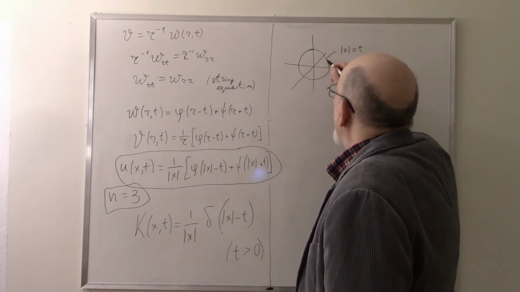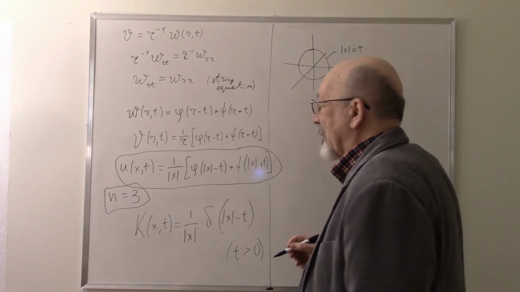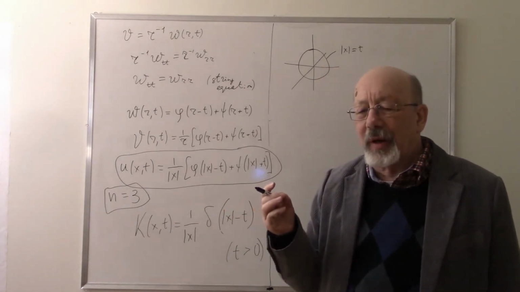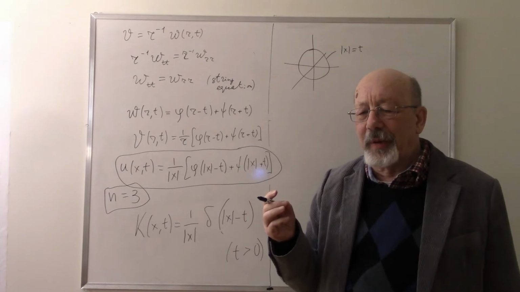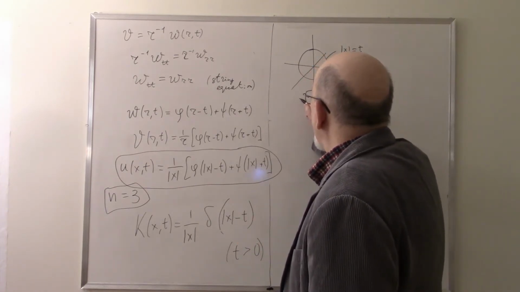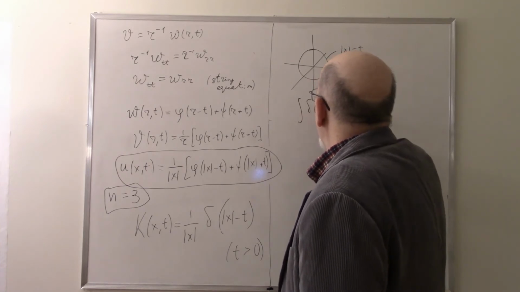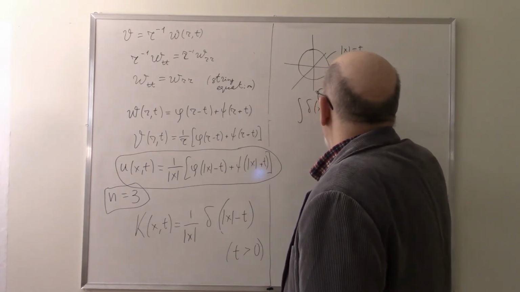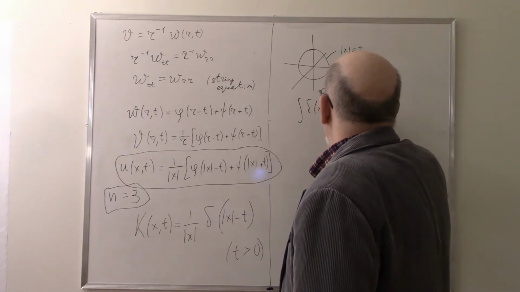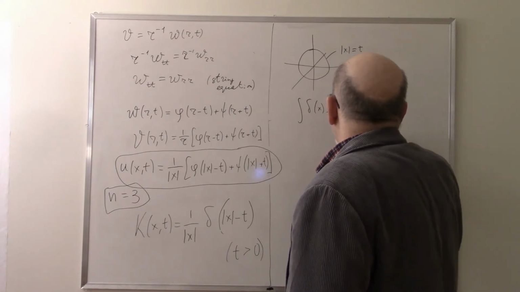How can you find it? The delta function was defined by the following identity: integral of delta of x f of x dx equals f of 0, for f a continuous function.